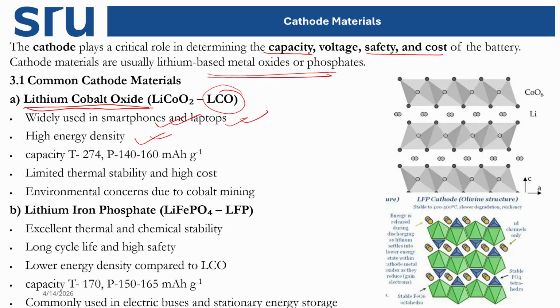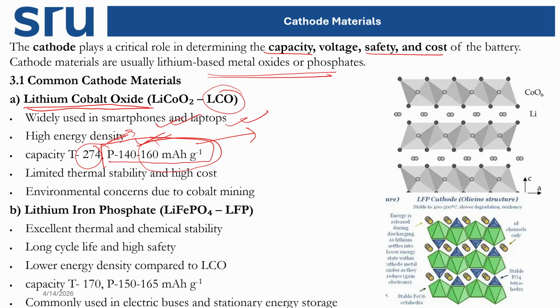The theoretical capacity of this compound is 274. Theoretical capacity means, theoretically, how much charge this LCO can store. So the theoretical capacity of the LCO is 274. But practically, when we are making the device, the maximum we get is 160 milliampere hour per gram.